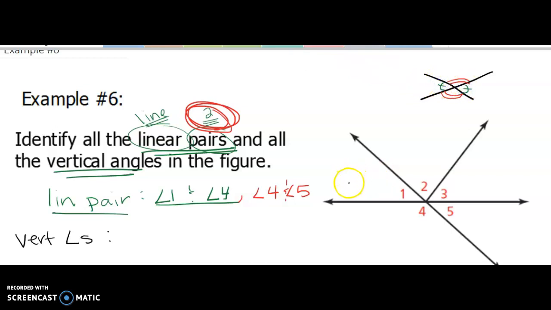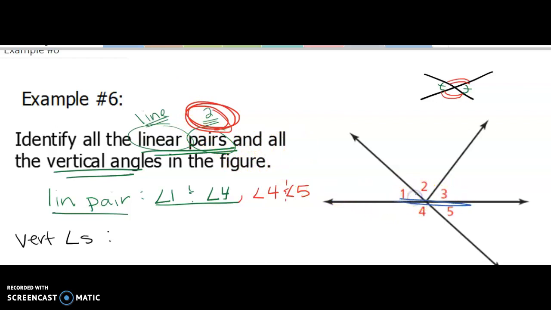Okay, so if these, ooh, that's a bad one. Let me try this again. If this line here and this line here are crossed. All right, guys, let me try this one last time.